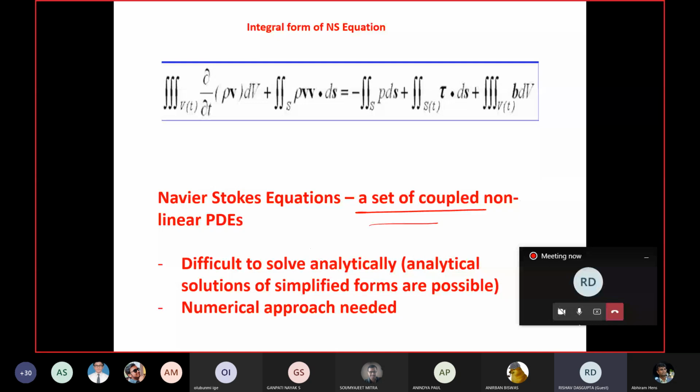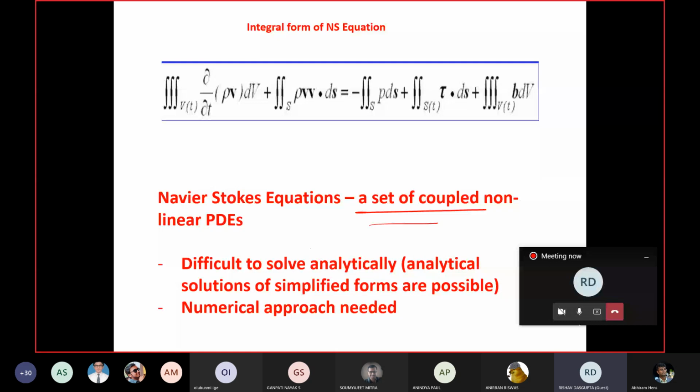So you see here, there is some difficulty in this particular part. It is a set of coupled nonlinear partial differential equations, and it is difficult to solve such a problem analytically. An analytical solution for the Navier-Stokes equation has been a challenging mathematical problem for the last 100 years.